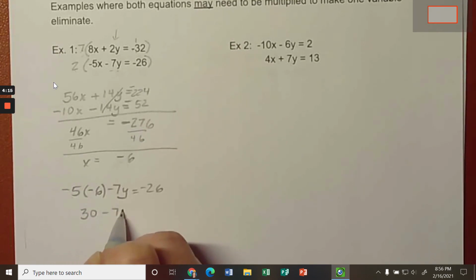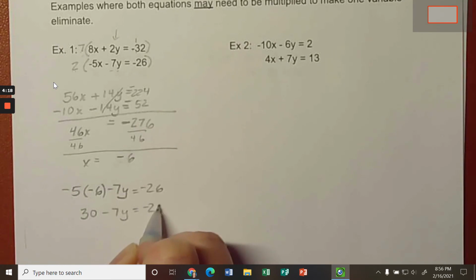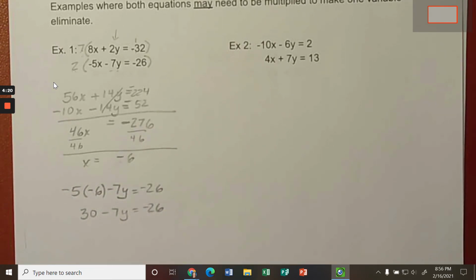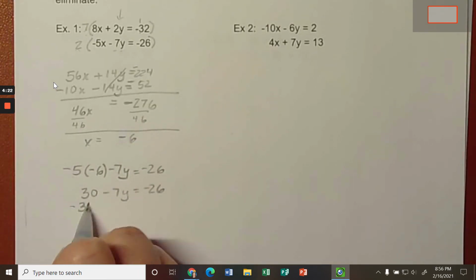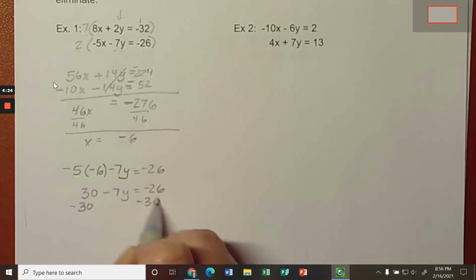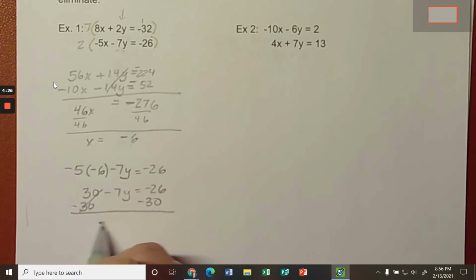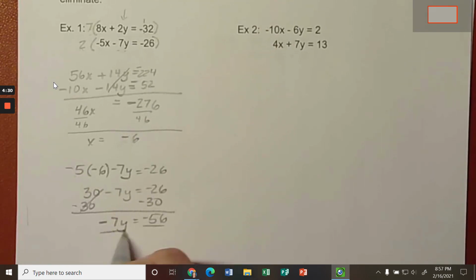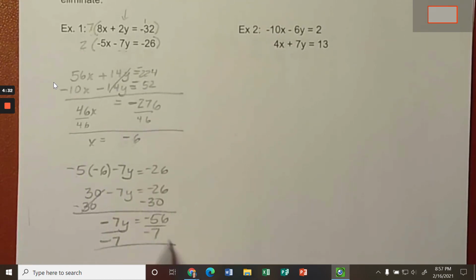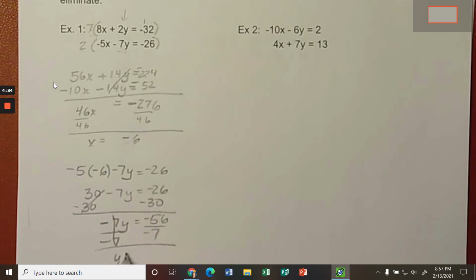Bring down the minus 7y equals negative 26. Let's get all of our constants together, so we will subtract 30 from each side. This gives us negative 7y equals negative 56. Then divide each side by negative 7 to get y equals positive 8. So we have a solution of negative 6, 8.